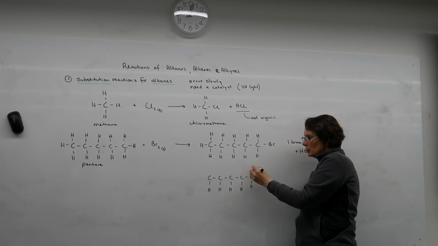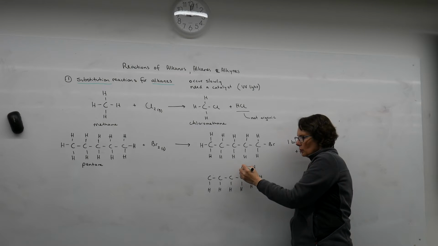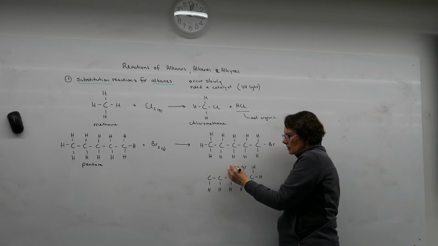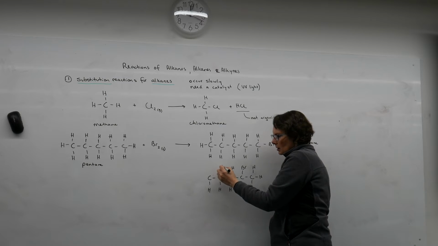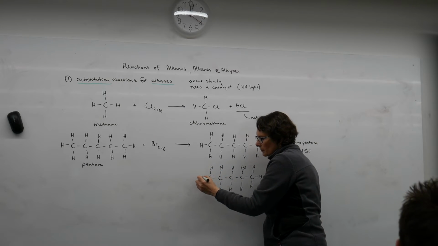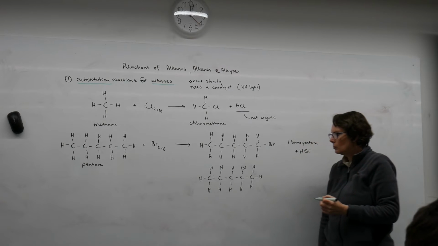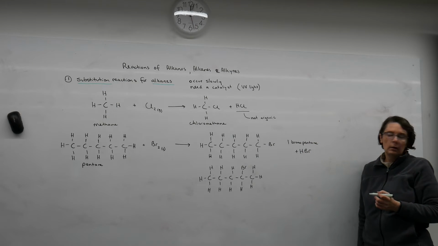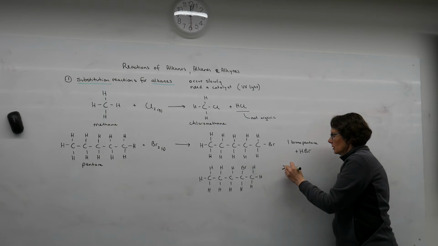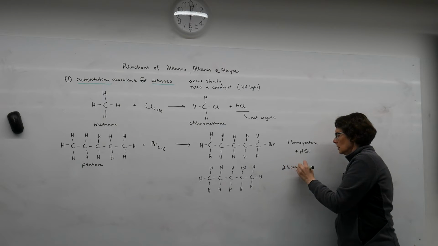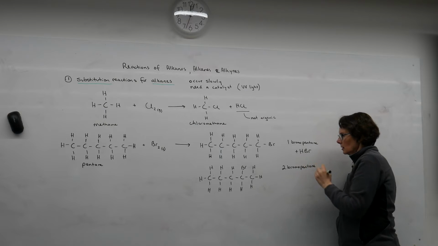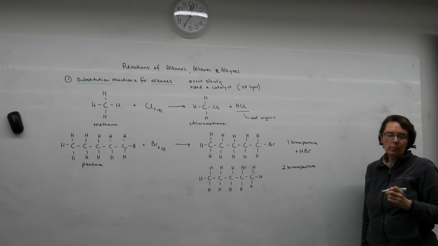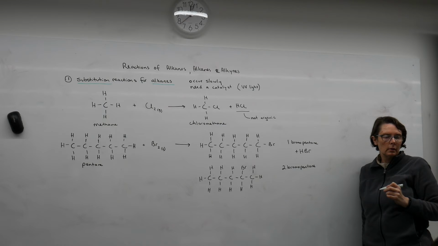So if it's not on an end, it could be there, for example, couldn't it? I think I know what you mean, but so what would we call that? Two bromopentane. Is there any other possible? Oh, I just have a question about that.